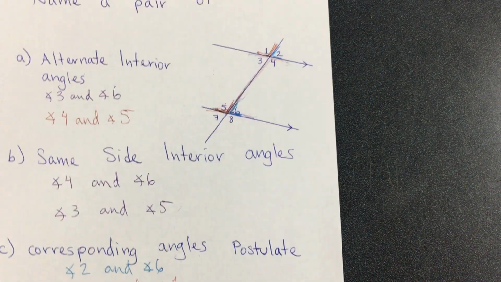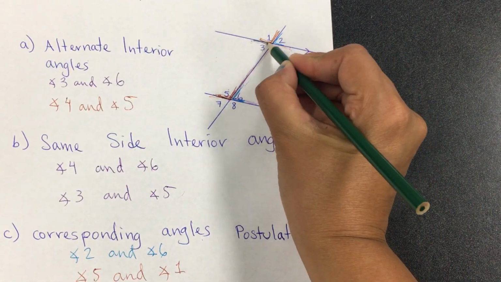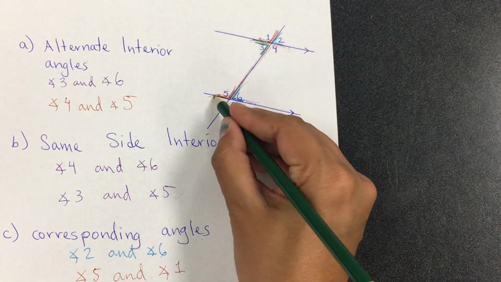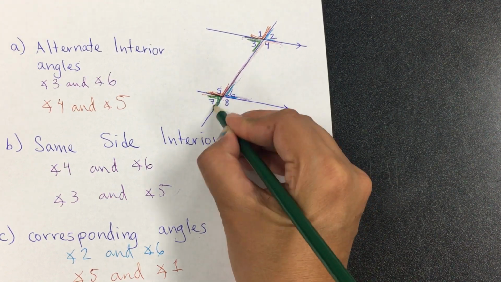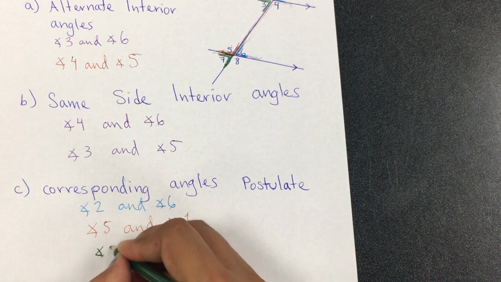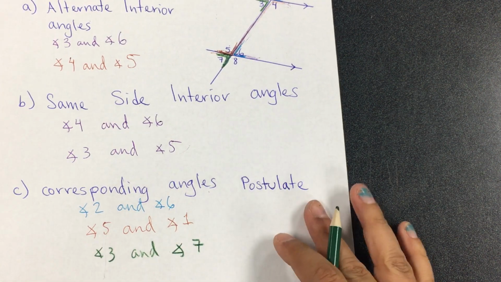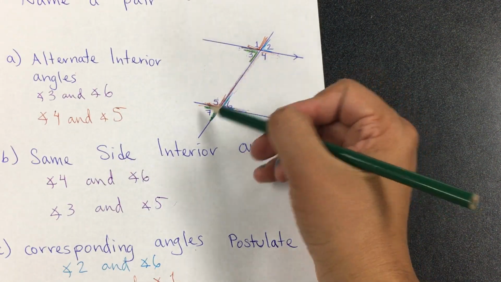And sorry, I'm going to be going back and forth because I don't have enough room. We have bottom left, it's number 3, and bottom left. If you notice, again, they look the same. So angle 3 and 7, angle 3 and angle 7. Okay, right there.